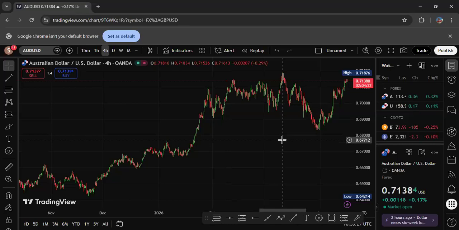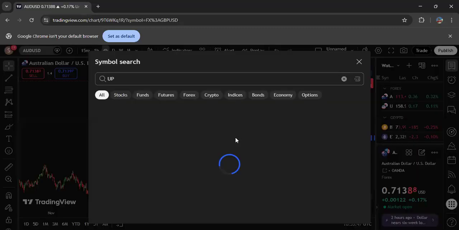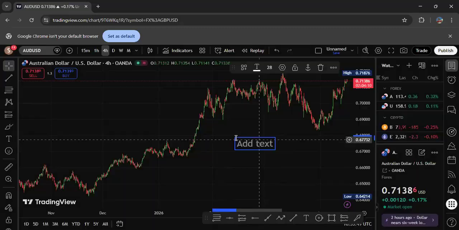Last class I said we have three different types of market structure. The first one is uptrend, while the second one is a downtrend.